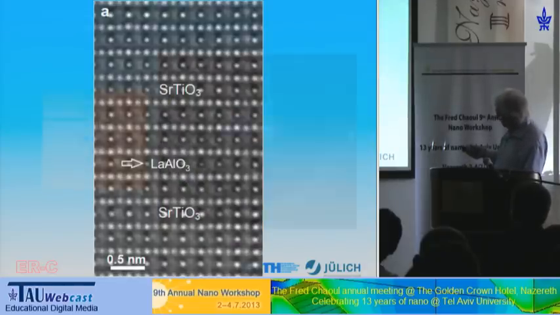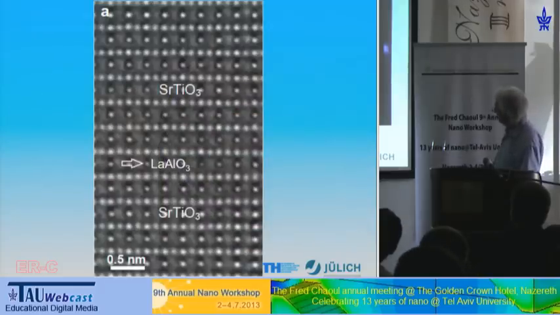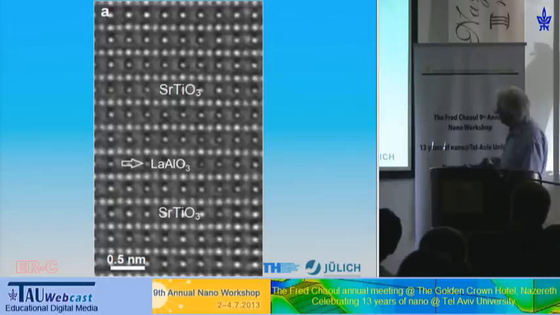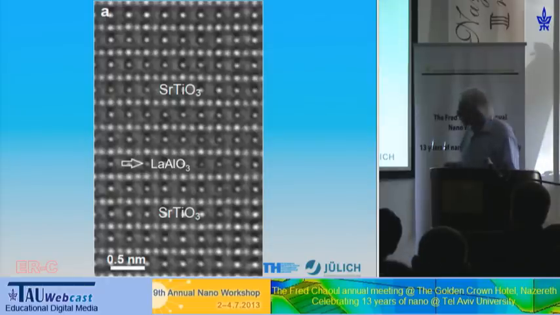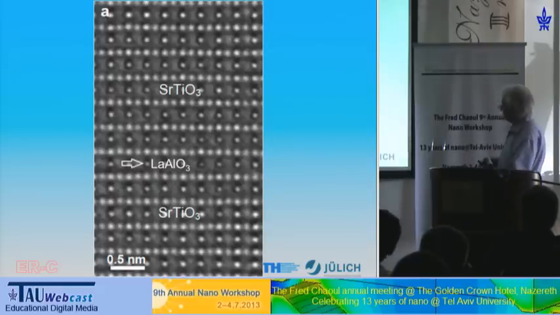So we have a strontium titanate substrate, and a capping layer of strontium titanate. In between, we have the lanthanum aluminate. That's one of the micrographs we can take under atomic resolution, and the lanthanum aluminate unit cell is just here. Very difficult to see, but you can find it.